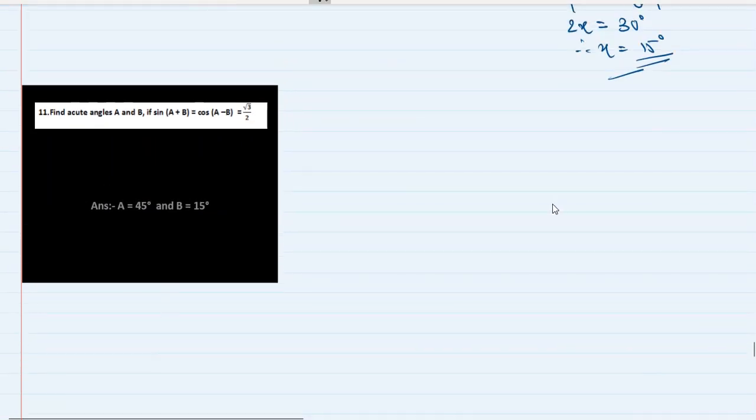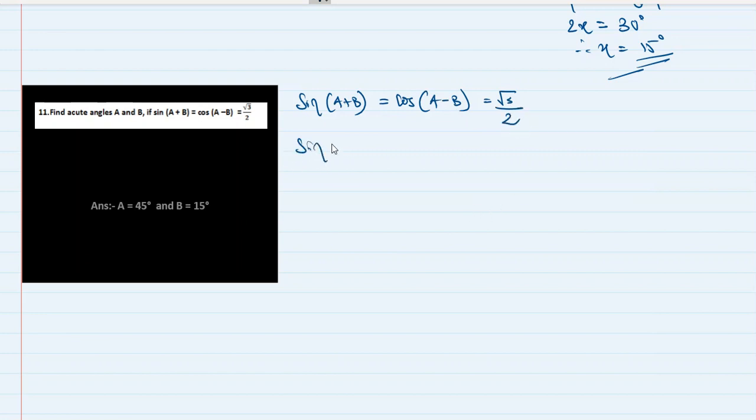Find the acute angles A and B, if sine of A plus B is equal to cos of A minus B, which is equal to root 3 by 2. Okay, this is easy. Sine of A plus B is root 3 by 2.